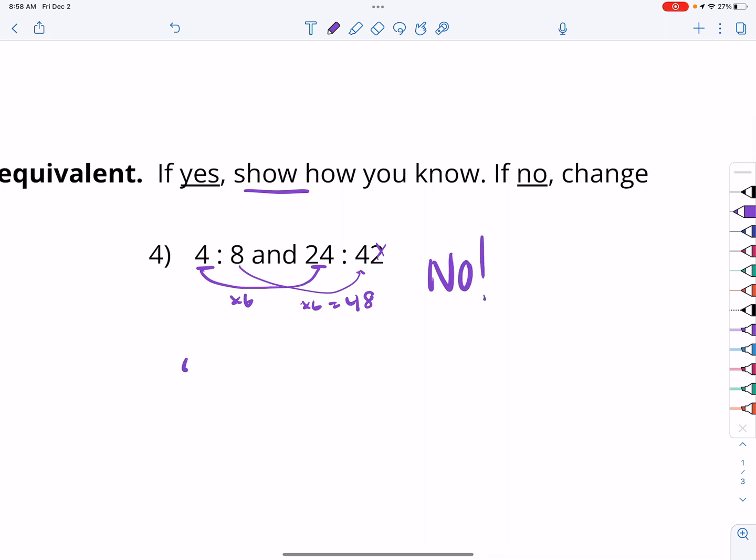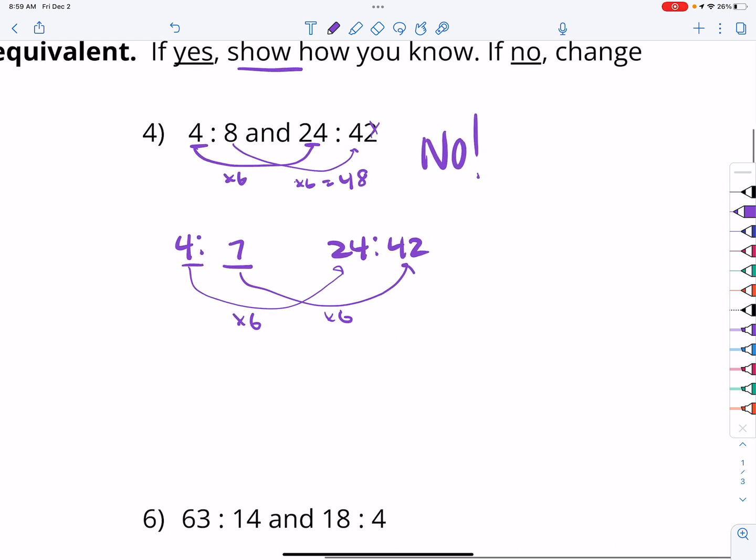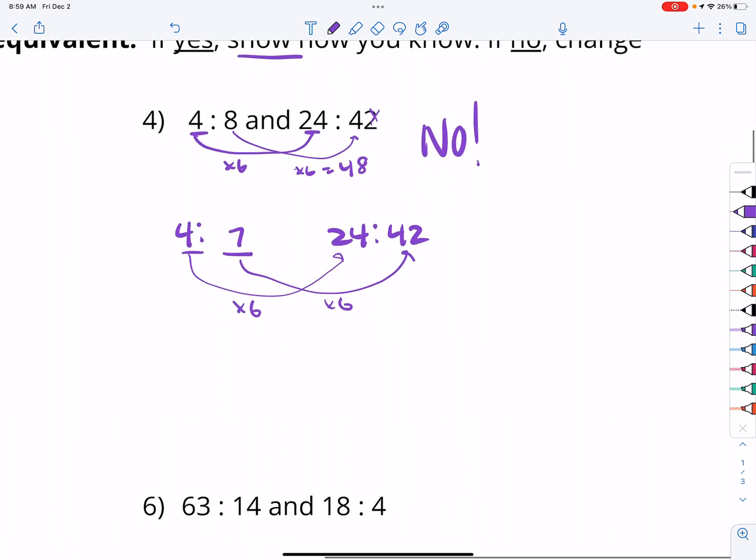So in my head, I'm thinking, well, I'm going to keep that 24 to 42 because I like that. And since I know that 4 times 6 is 24, I need to figure out what times 6 is going to equal 42. And that is going to be 7. Now, again, if we wanted to think about this in a different way, we could think of these like fractions.